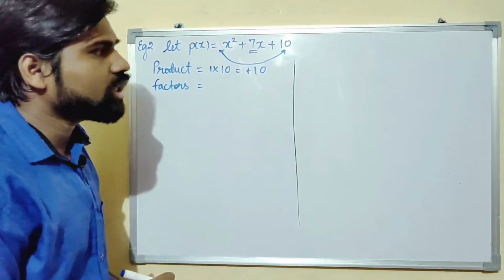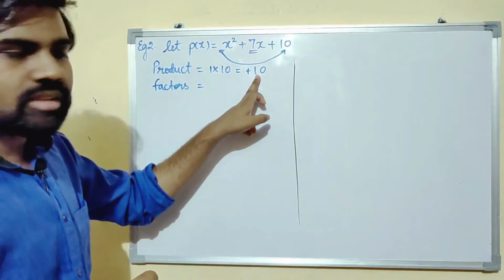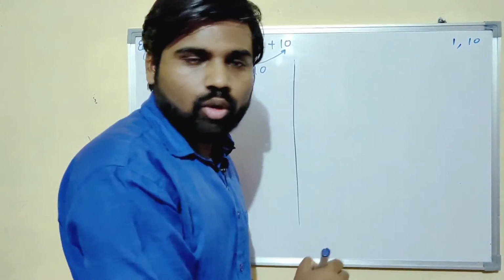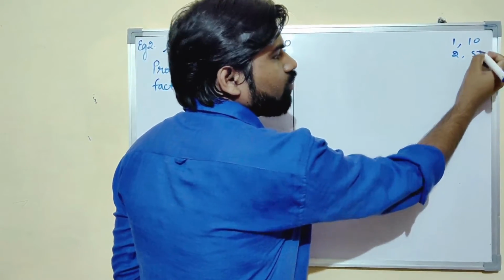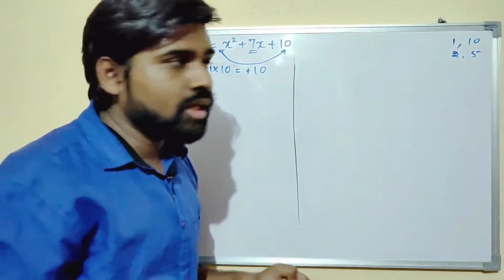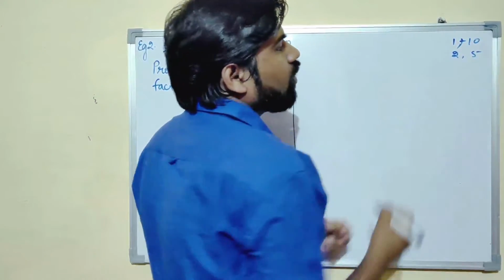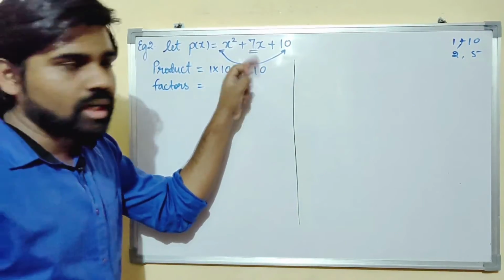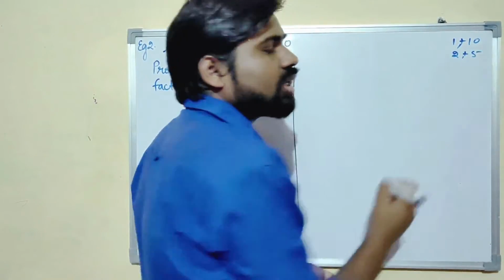I'll tell you a trick to solve this. Factorize 10: 1 into 10 is 10, and 2 fives are 10. Only two pairs of factors are possible. Here, 1 plus 10 is 11, which is not equal to 7. 5 plus 2 is 7.